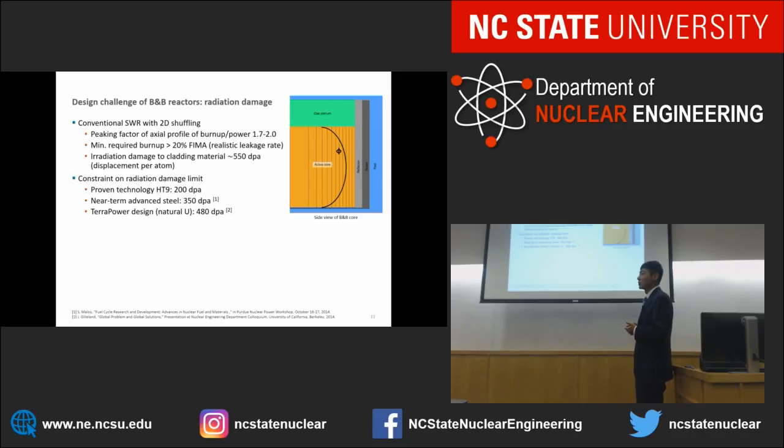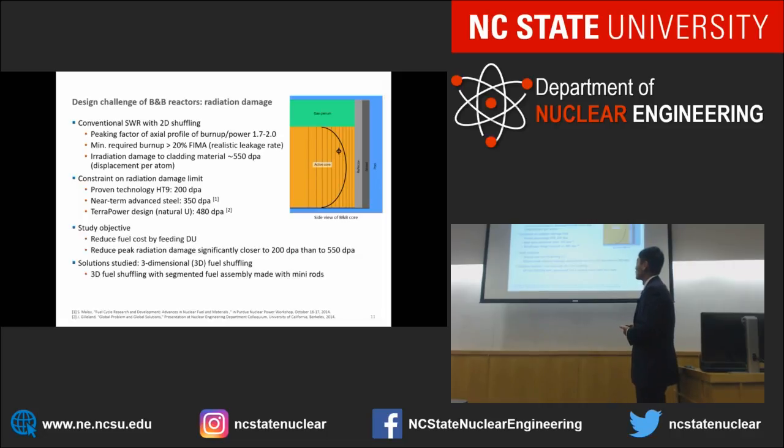So our goal is to really bring down the irradiation damage level from 550 to 350. How do we do it? Well, the idea is that if we can minimize the axial peaking of the flux and the power, then we should be able to bring down the radiation level.